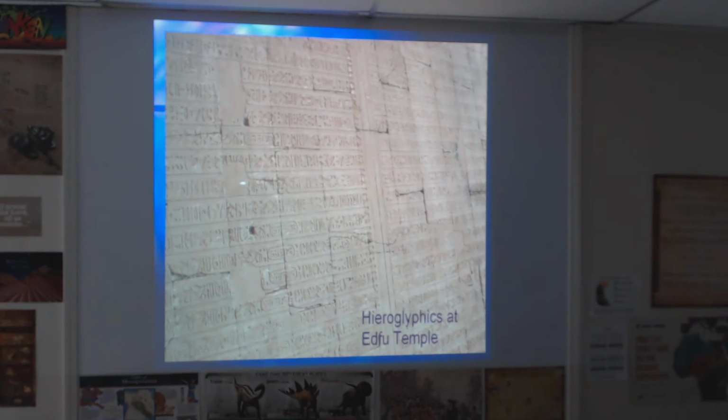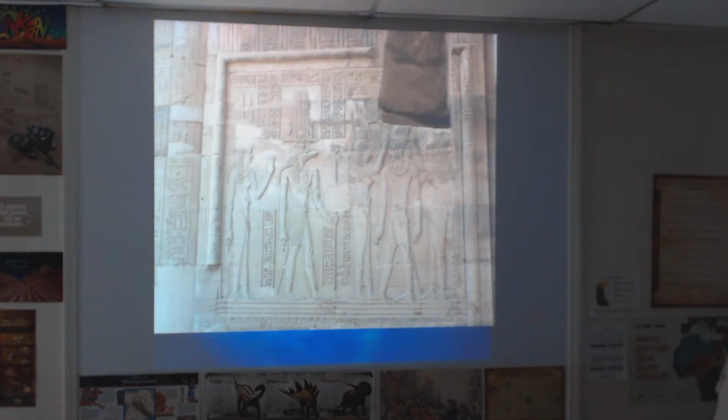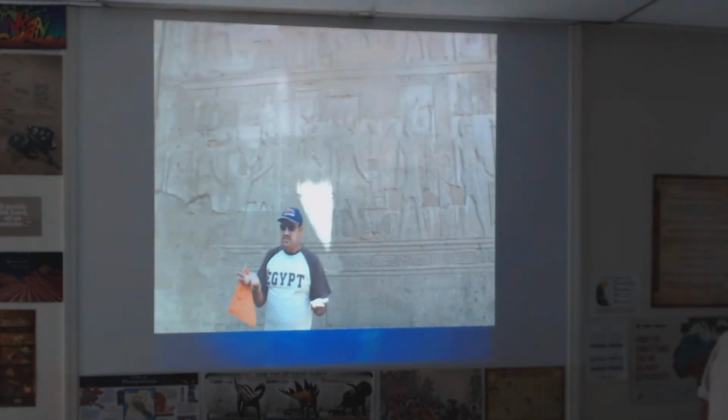Here's a wall at Edfu Temple, and it's just filled with hieroglyphics. They wrote everywhere. They drew pictures everywhere in the temples and in the buildings. You can see this may be baptizing the Pharaoh again. Putting on his crown.